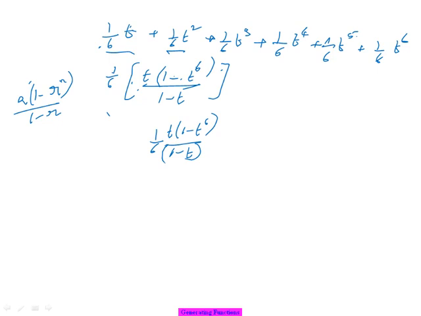This is my typical probability generating function. If I substitute various values, I am going to get different calculations. So this is my typical expansion for the probability generating function.